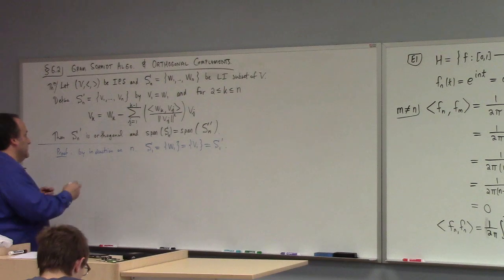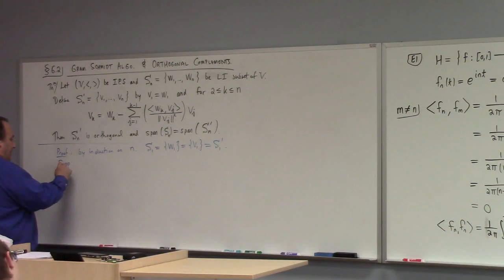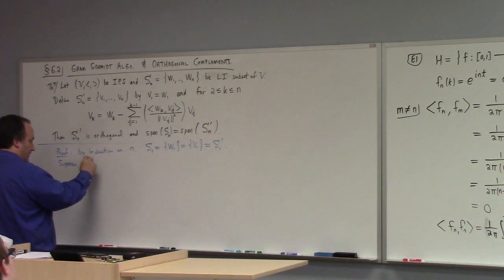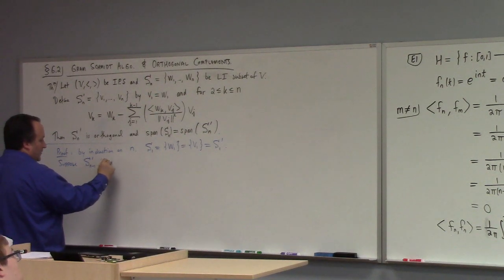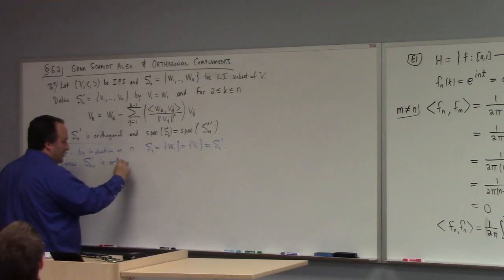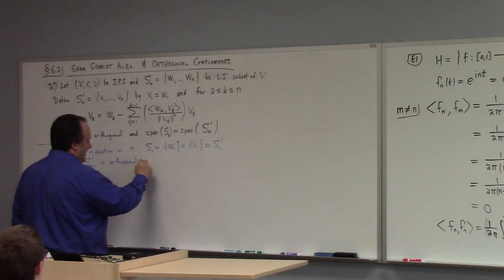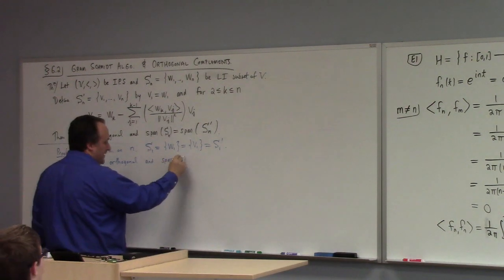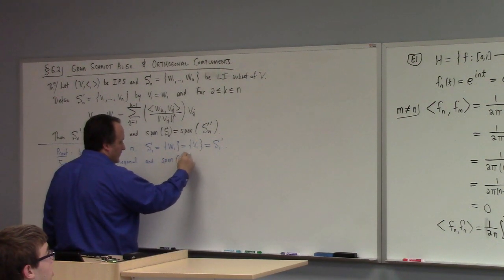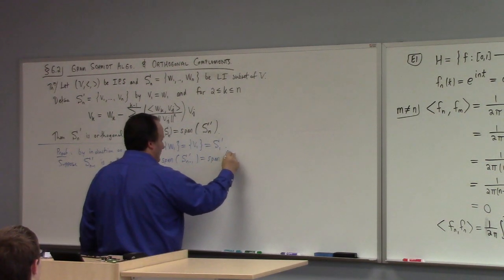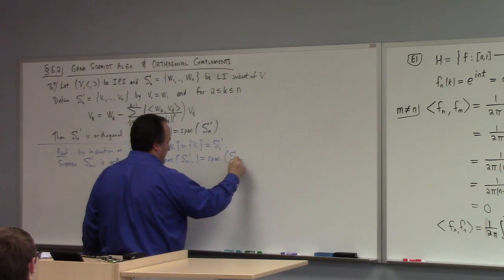So suppose that S sub n minus 1 prime is orthogonal, and that the span of S sub n minus 1 prime is equal to the span of S sub n minus 1.